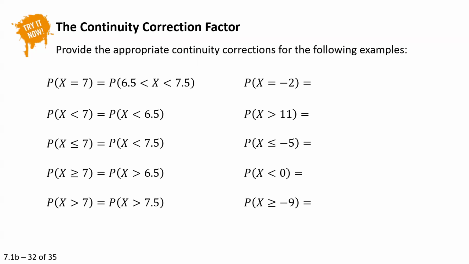X is equal to -2. So what's that? No, you can give an answer. So it includes -2, but it doesn't include -1 or -3, does it? It doesn't include anything on either side. So what's halfway between -2 and -1? -1.5.